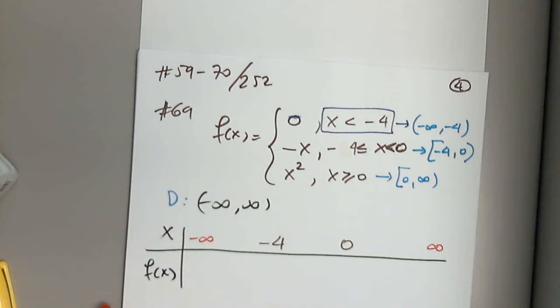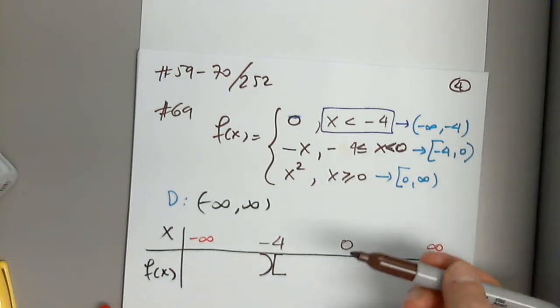Good. Here's what I'm going to do next, and I know you're going to ask why. You'll see why in a minute. At -4, I have a parenthesis facing this way, and I have a bracket facing this way. I will use these two symbols and write them exactly under -4. Here's how. Don't ask why just yet. Please bear with me. I will explain. And these two symbols are touching.